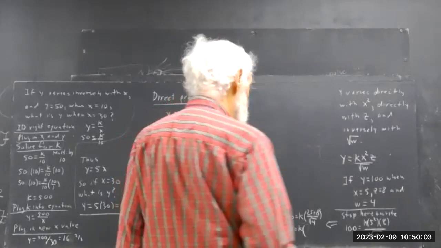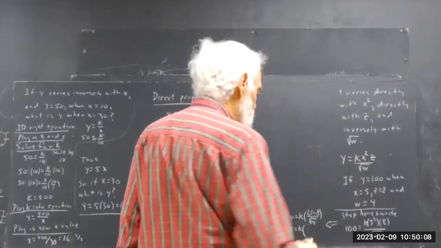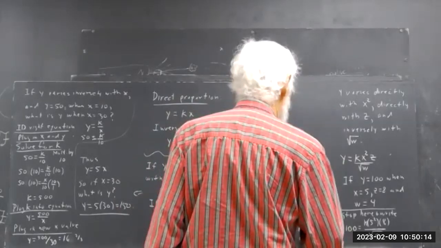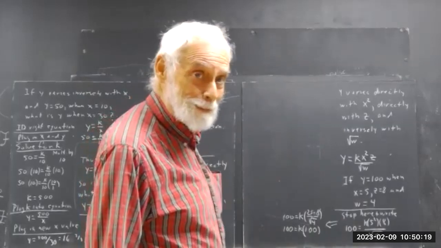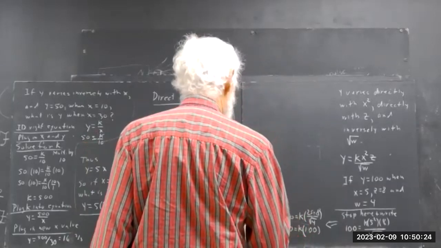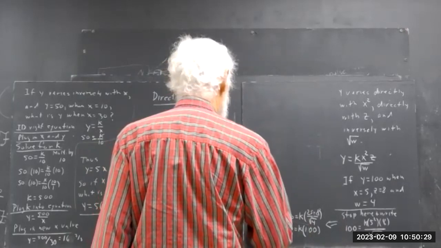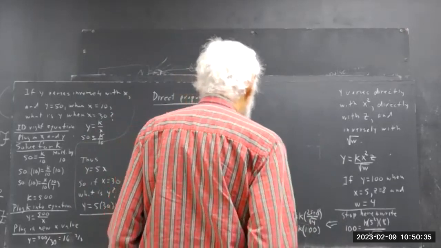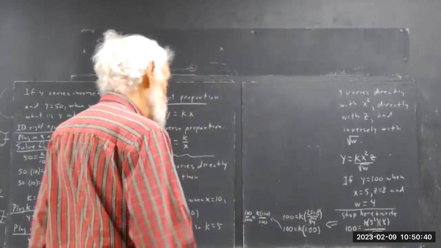So we get 200 over 2, and just coincidentally, that comes out 100. So we get 100 equals k times 100, and k equals 1.